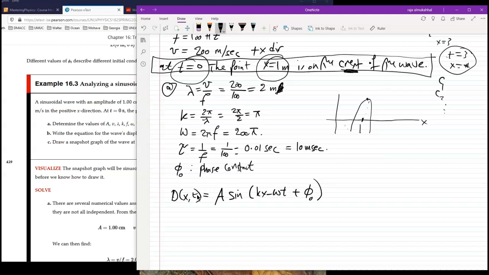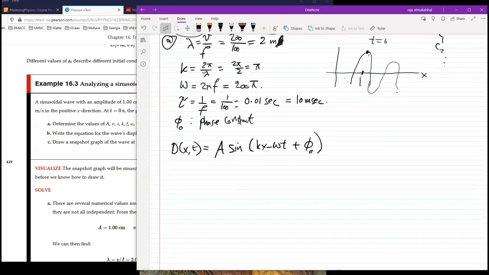It's at the crest of the wave, right here, at t equals 0. At t equals 0, the point x equals 1, which is right here, the crest of the wave was right there, okay? The crest of the wave wasn't at 1.5 or 2, no, it was right here. I mean, there are other waves here, and so on, but that's basically what he's saying, all right?